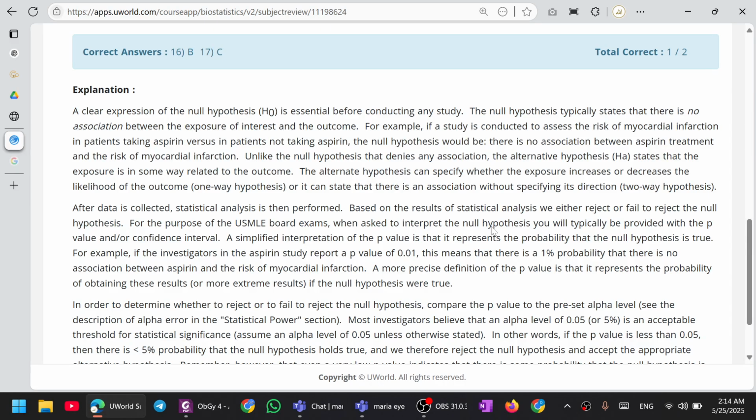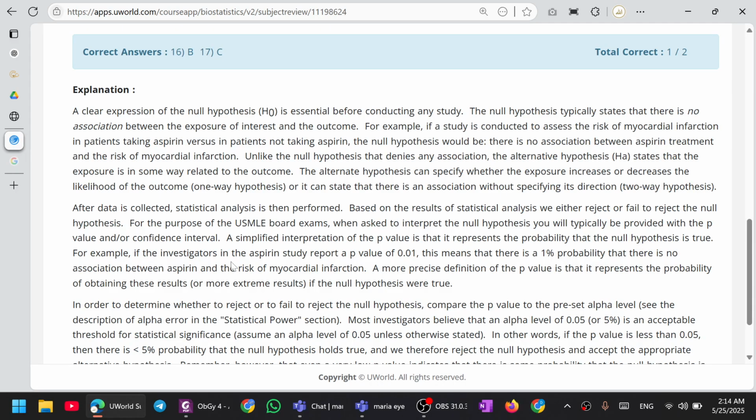when asked to interpret the null hypothesis, you will typically be provided with the p-value or confidence interval. A simplified interpretation of the p-value is that it represents the probability that the null hypothesis is true.